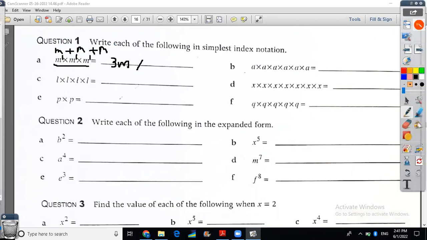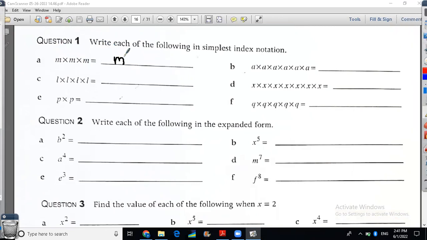So M times M times M is M to the power of 3. It's M cubed. Here, L times L times L, we're adding the powers. I'm not going to do it for you. Here, write each of the following in the expanded form. Expanded form here just means that we're going to take it to the other form over here. B squared is just B times B, and so on.